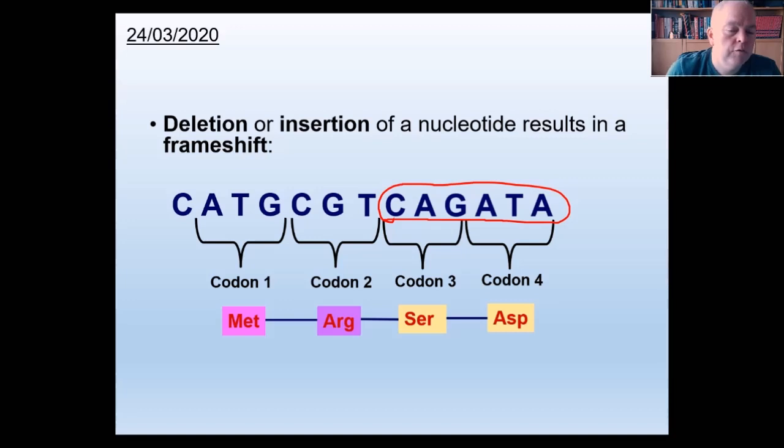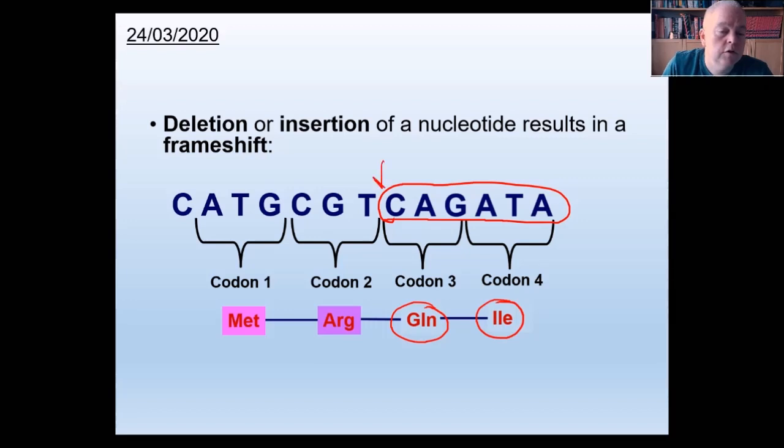And so the reading frame has altered because of what we call that frame shift. The consequence of that is our amino acids that we code for beyond that particular point also then change. So we've now got a different set of amino acids coded for beyond that particular deletion.